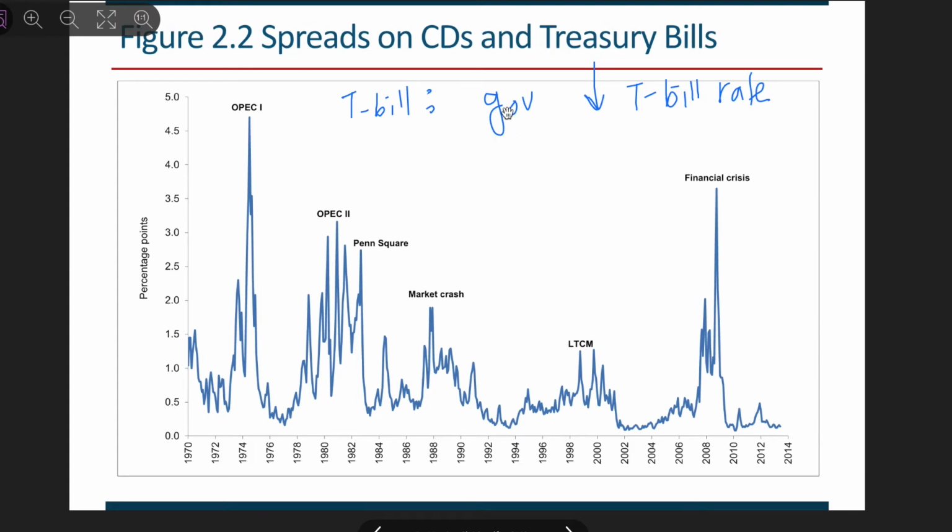And in the financial crisis, the CD part, what does the bank do? So what happened in 2008? Everybody wanted to withdraw their money from the bank, right?